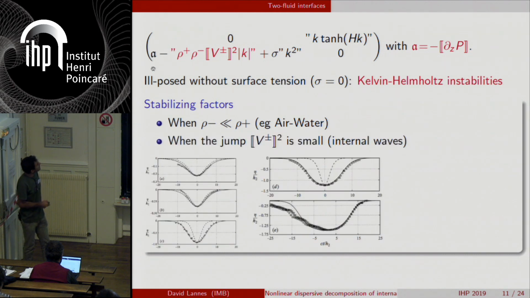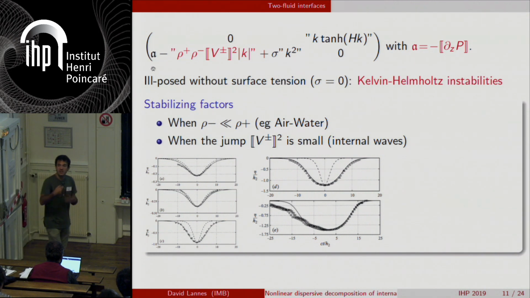And the second stabilizing factor that you can observe in experiments when you have two fluids, so these are solitary waves that you send at the interface of two fluids. You can propagate solitary waves of larger and larger amplitude, but at some point the wave is too strong, creates too much shear velocity, and it is destroyed by Kelvin-Helmholtz instabilities.